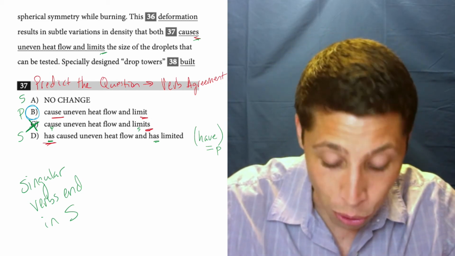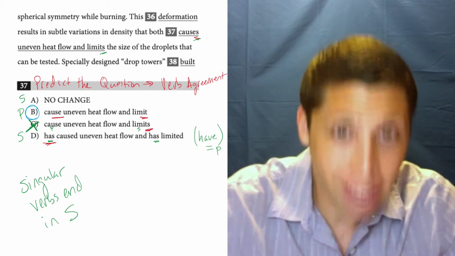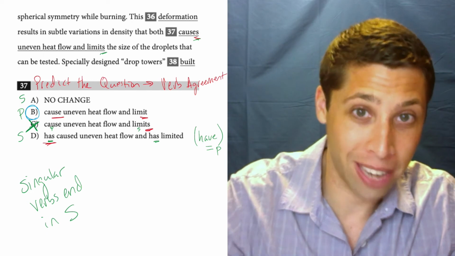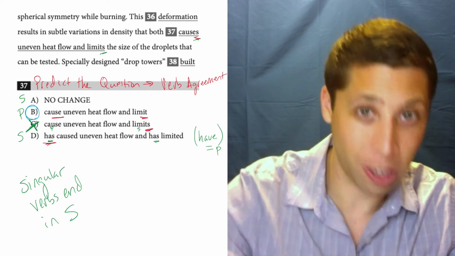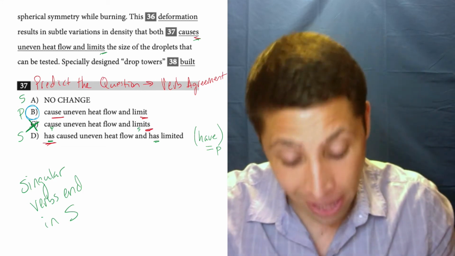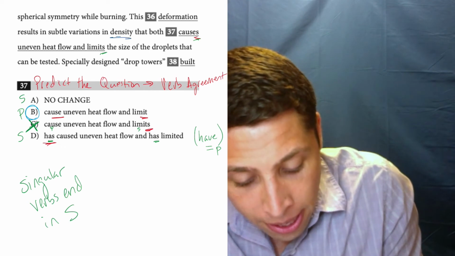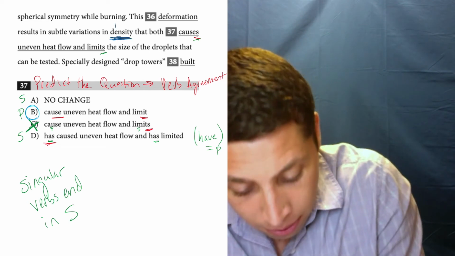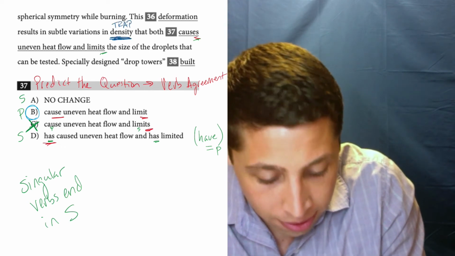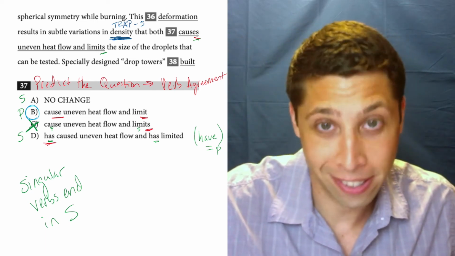Ideally, though, you memorize how this rule works and you can prove it. The challenge is they're working against you here. This question is set up to trick you because what they want you to see is the trap. I'm going to do it in a different color here. The trap is that density is singular, right? It's not densities. It's one density, I guess.